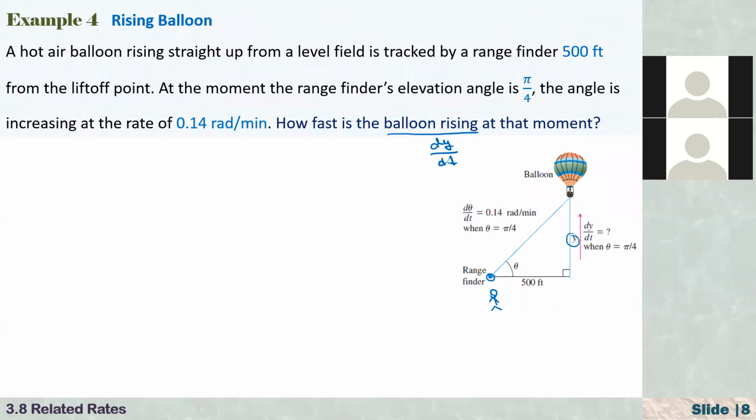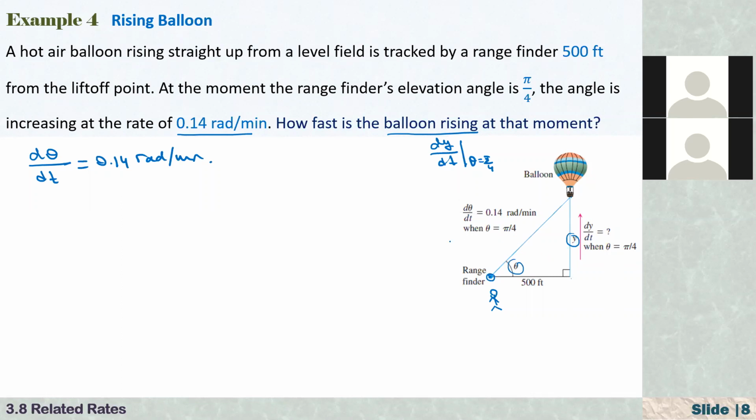But that is at that moment, when the angle theta is equal to pi over 4. And also what is given here, the angle is increasing at the rate of this, right? So d theta dt is 0.14 radian per minute. Now from here, how can I connect theta with y?